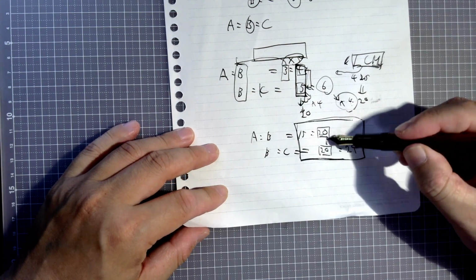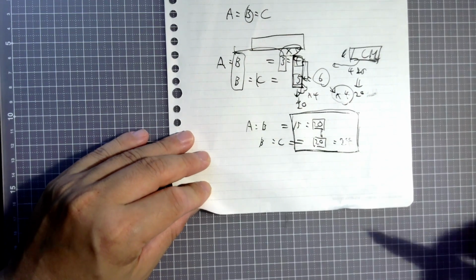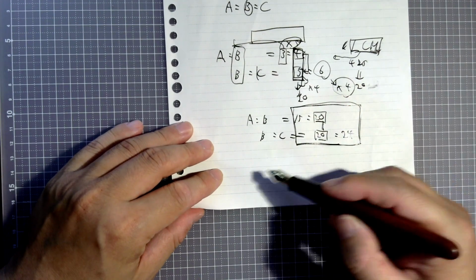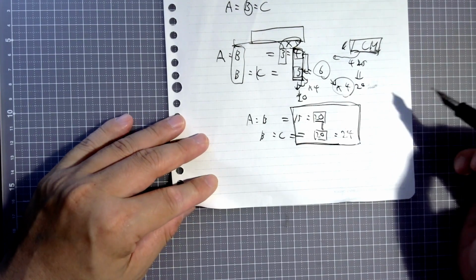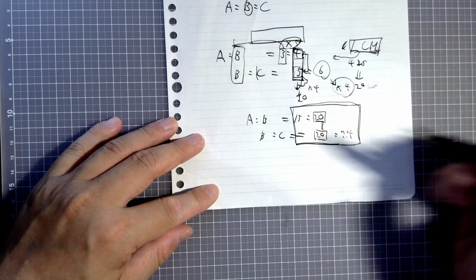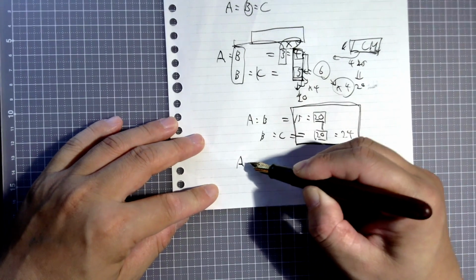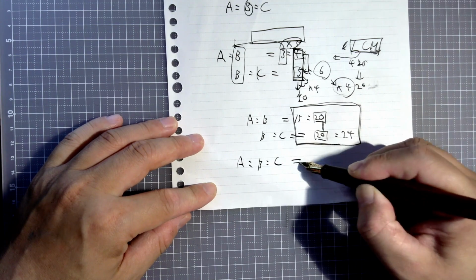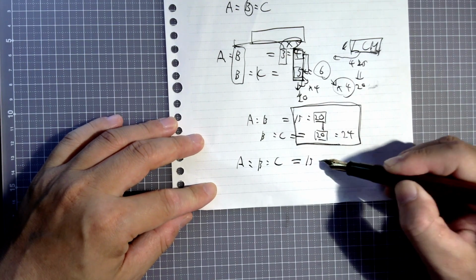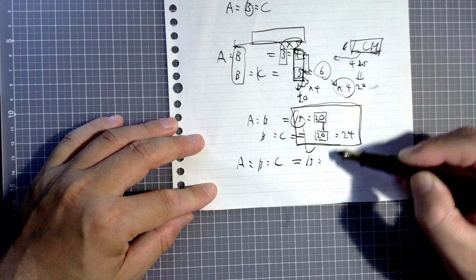As a result of this procedure, the ratio of Mr. A to B to C equals 15 to 20 to 24.